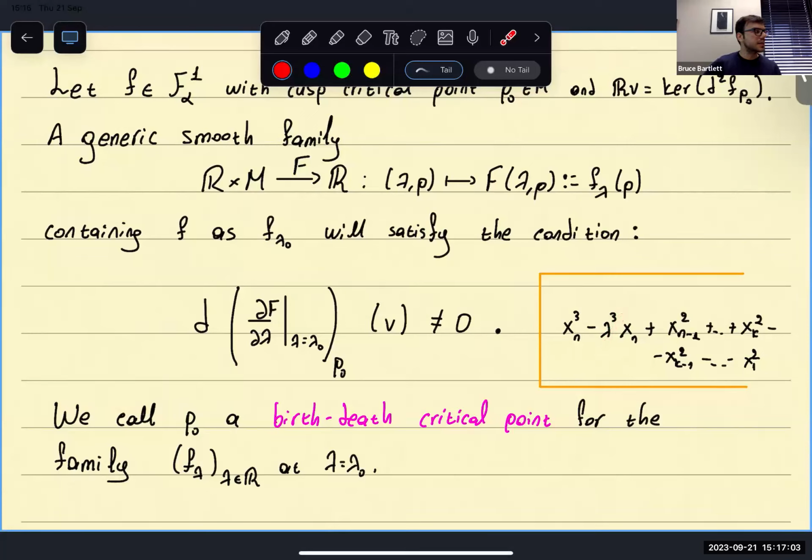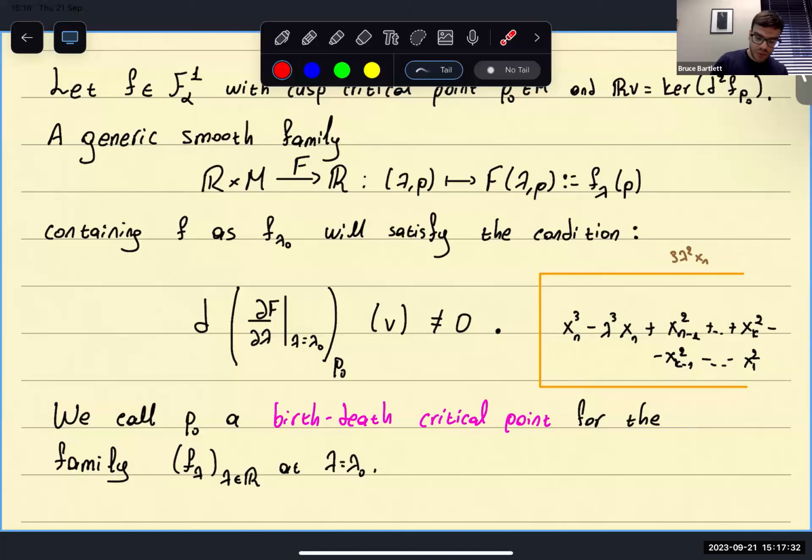If I take the partial derivative with respect to lambda, I will be left with 3 lambda squared x_n, and if I take the differential of that at 0 and evaluate it at v, that's going to be 0.